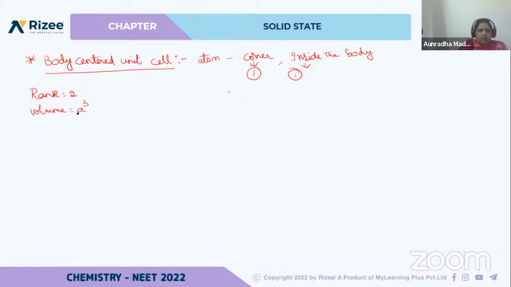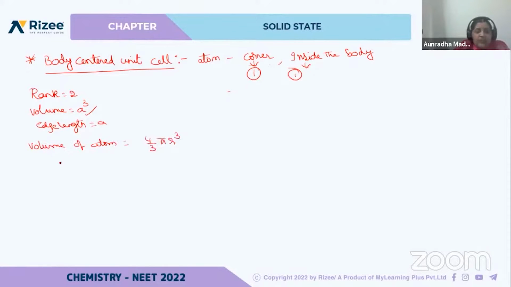And here also, for the volume occupied, edge length is A, so volume is A cube, same as the previous one. Then the volume of the atoms, spherical one, is equal to 4/3 pi r cube.